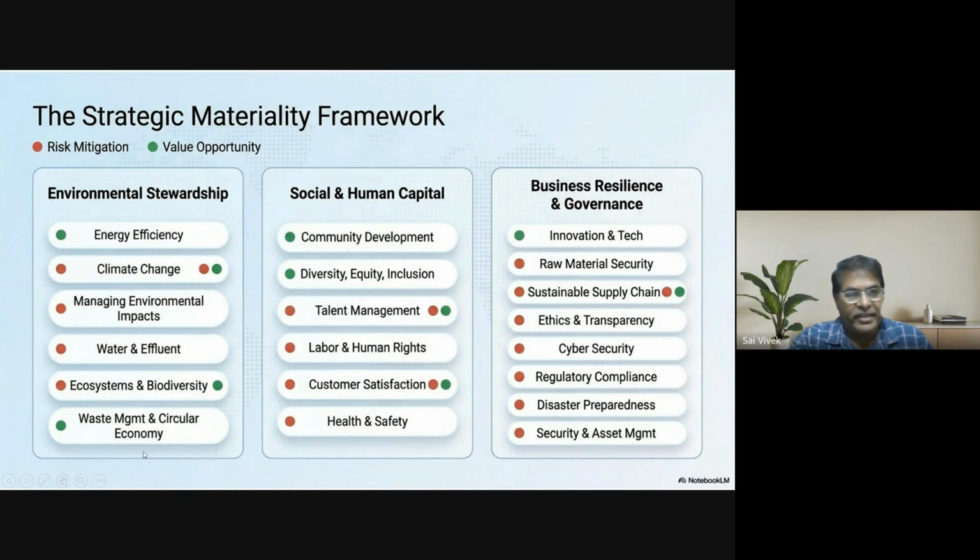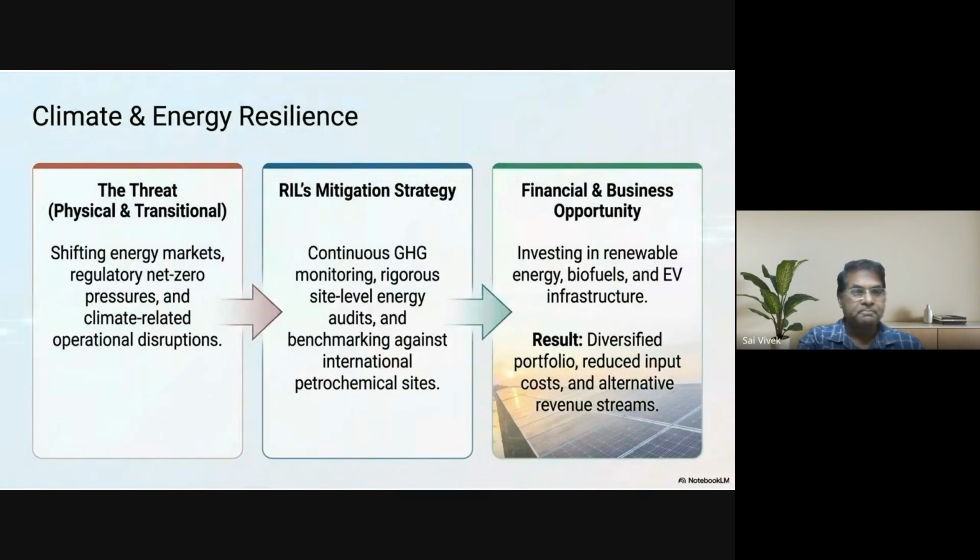These are the various stewardship or materiality aspects. Risk mitigation is shown in red, whereas value opportunity is given in green here. So this way we can see that there are various materiality aspects of environment, social, and governance. See, cyber security, regulatory compliance, disaster preparedness, security and asset management, all these are given here.